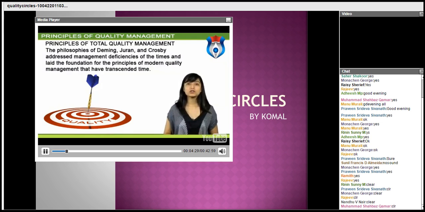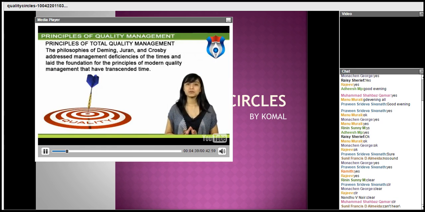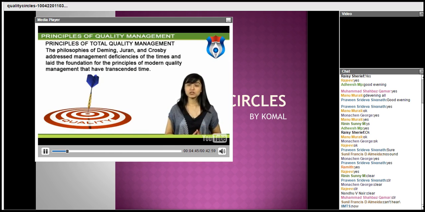It works horizontally across functions and departments, involves all employees top to bottom, and extends backward and forward to include the supply chain and the customer. The TQ stresses learning and adaptation to continual change as keys to organizational success.